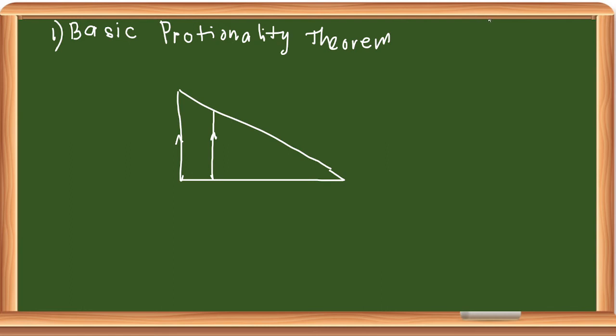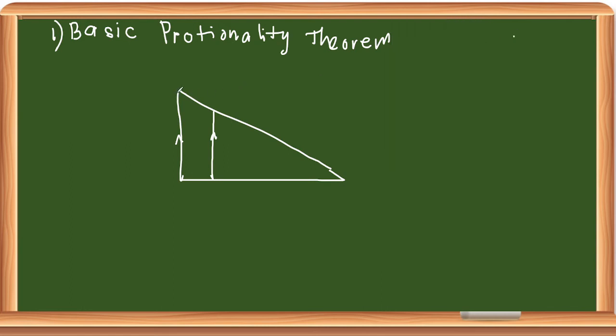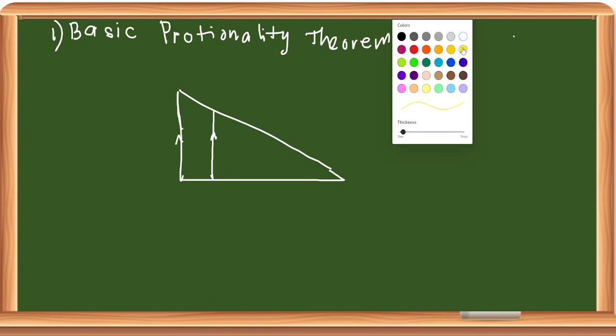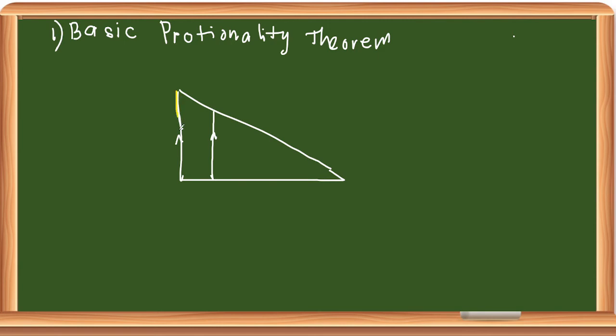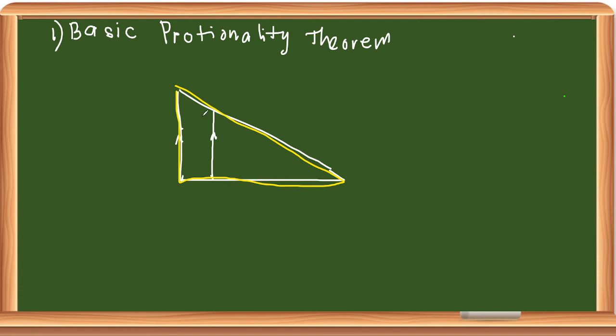One is the bigger one. So, let's put another color here. One triangle is this one. Okay? One triangle is this, the bigger one. And the other triangle is the smaller one. Okay.